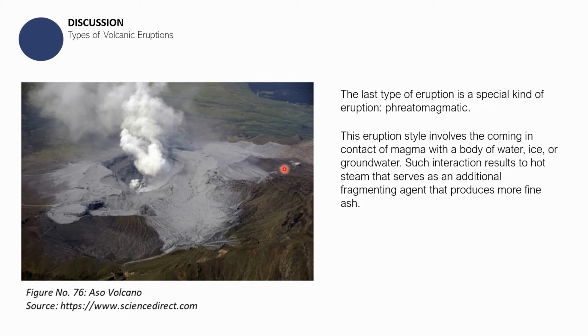So, itong interaction ng magma with water, it results to a very, very hot steam that serves as an additional fragmenting agent. So, yung steam kasi, as we know it, it's charged with energy, right? It has the ability to cause motion. And since it is produced in the process of magma and water coming in contact, makakapag-fragment pa siya.